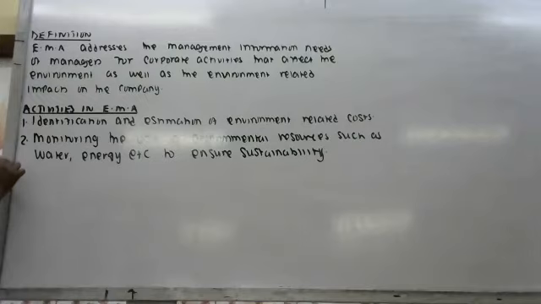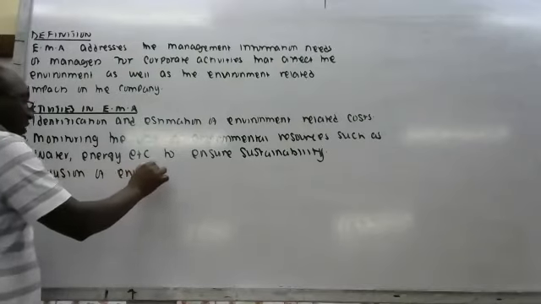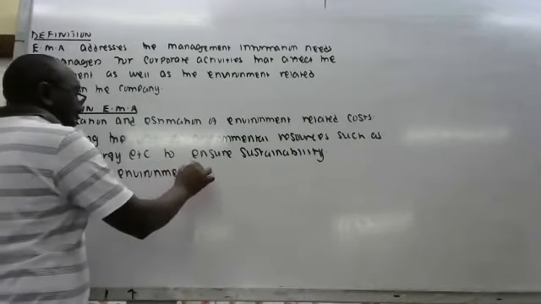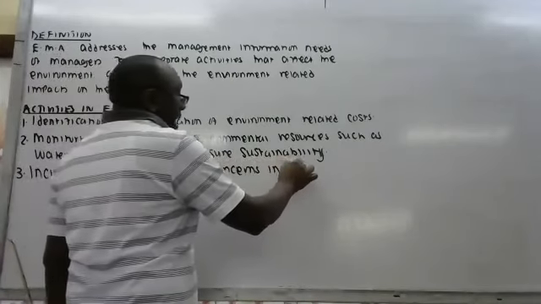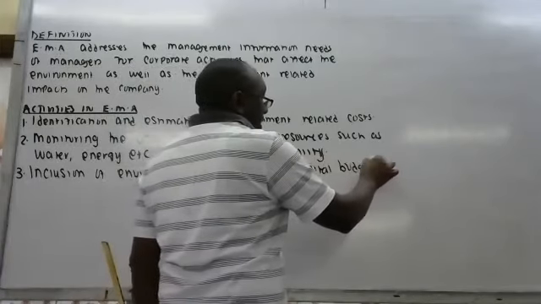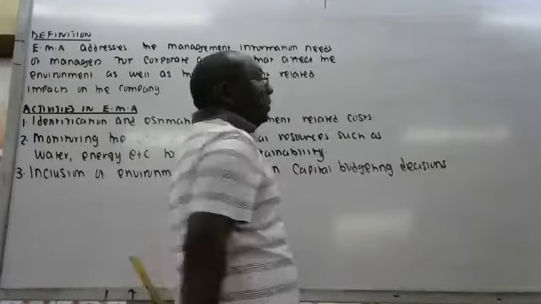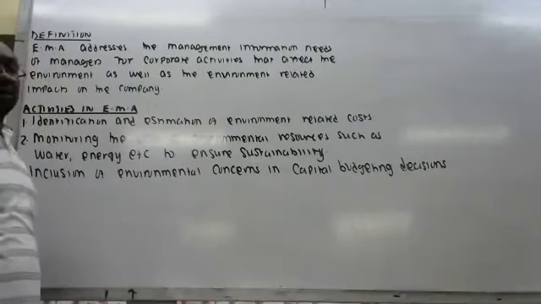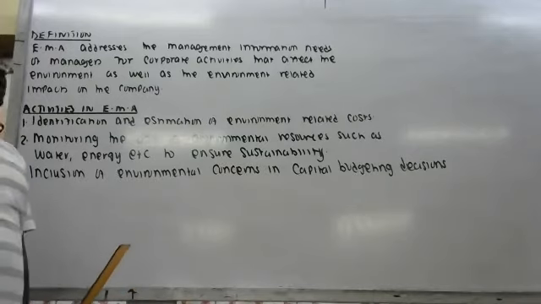Another one is inclusion of environmental concerns in capital budgeting decisions. So as you make a decision, maybe to buy a house, to build a house, to bring down a building, how does that affect the environment?